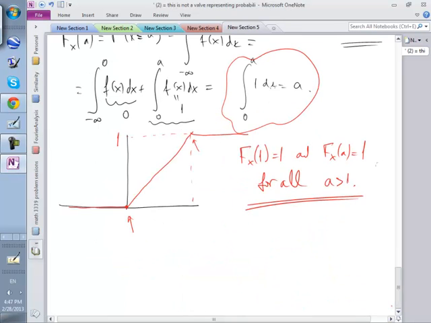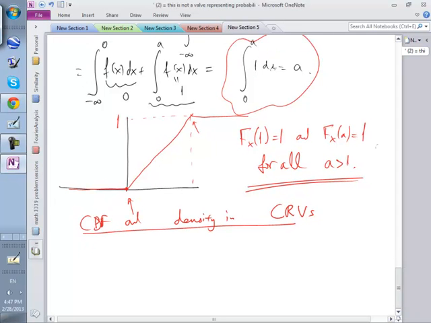So the relationship between the CDF and the density in continuous random variables is the following. The derivative of the distribution function is equal to the density function, where the derivative exists.